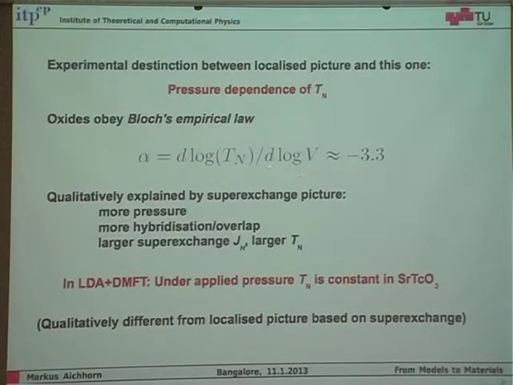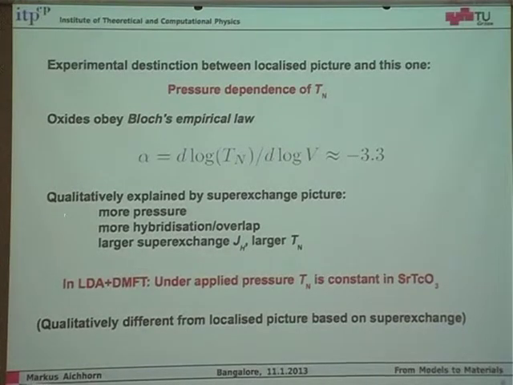So if you change the volume, you apply pressure, change the volume, the Néel temperature obeys this law, which if you translate it to something that you can understand means that if you apply pressure, the Néel temperature goes up. And the amount it goes up follows this minus 3.3. There's even a number. And this is very well satisfied for many, many materials.